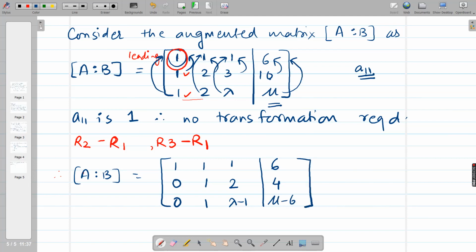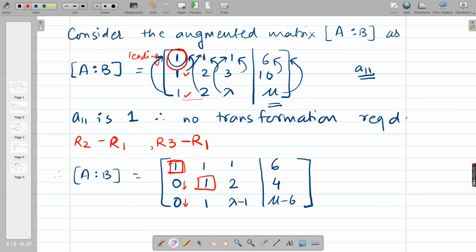Okay, so we have got our leading ones here. This is the leading one, and both the elements which are below the leading one, they have become 0. Now the next leading one, so here I will not be able to get the leading one. I am supposed to get the next leading one below this leading one in the next column. That means I have this option open for me to get my leading one.